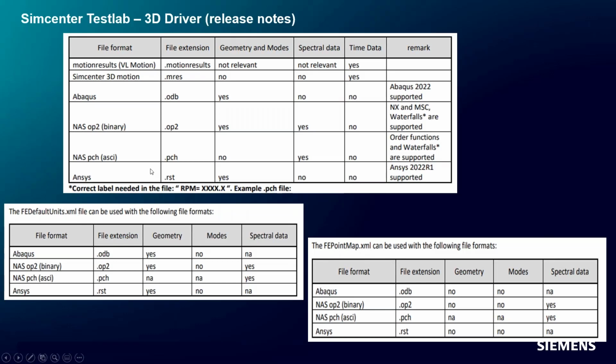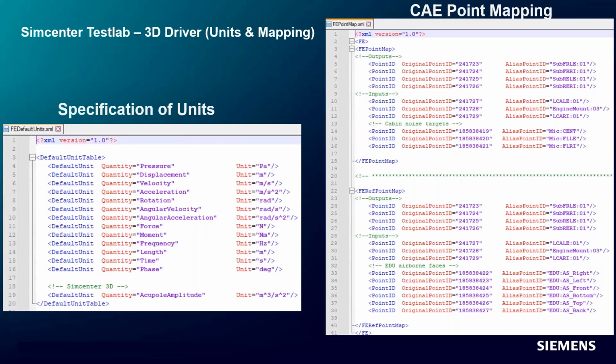If we take the case of the Nastran OP2 or Nastran Punch file, in the file itself there is no information about the unit system that it uses. It just has values. But if you know the unit system that was used for that analysis result, you can specify that in the FE default units file. You can say, hey, when we see pressure, treat it as Pascal.